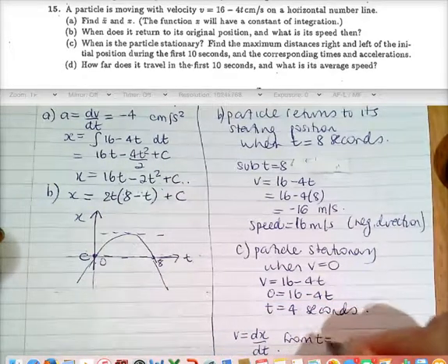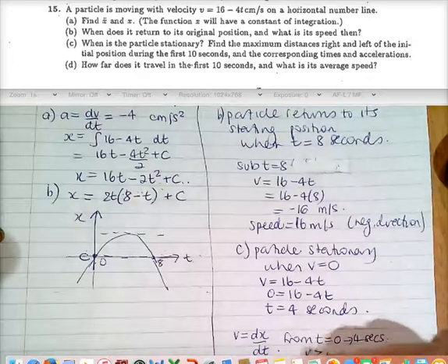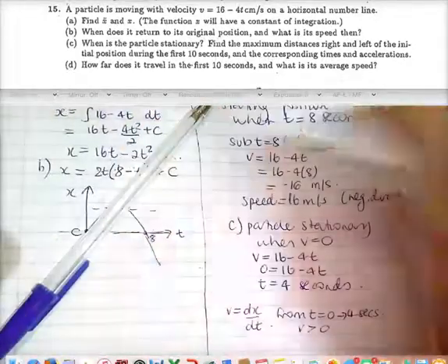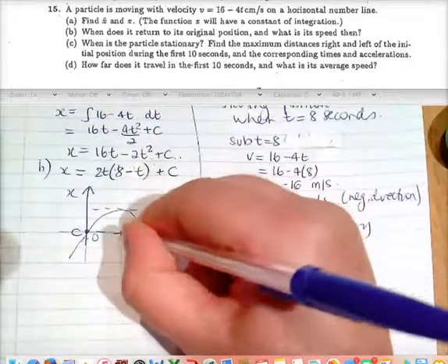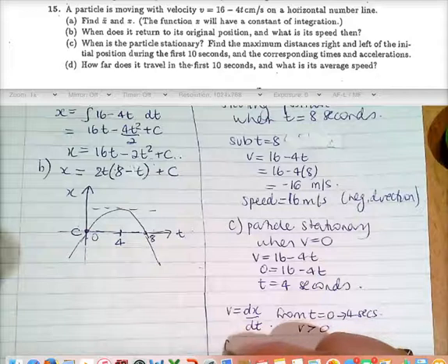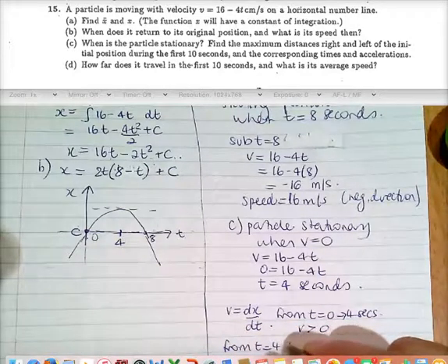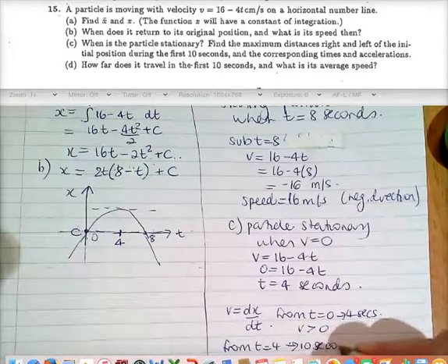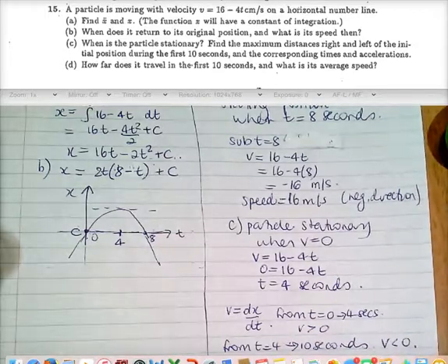From time equals 0 through to 4 seconds, velocity is positive because the gradient of this curve is positive. From time equals 4 seconds onwards, through to 10 seconds, velocity is negative.